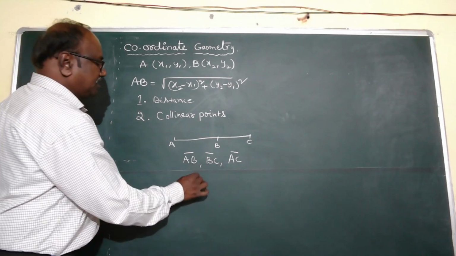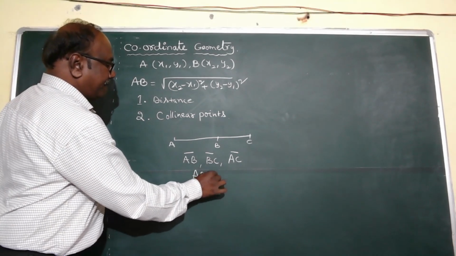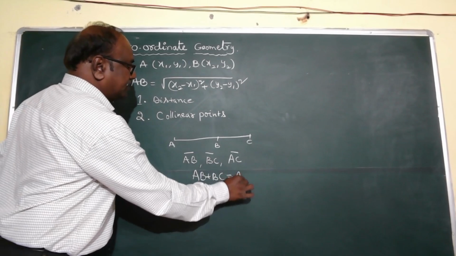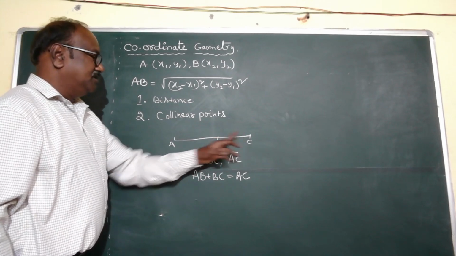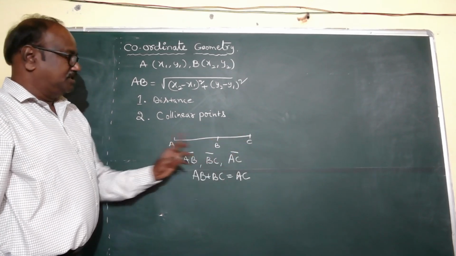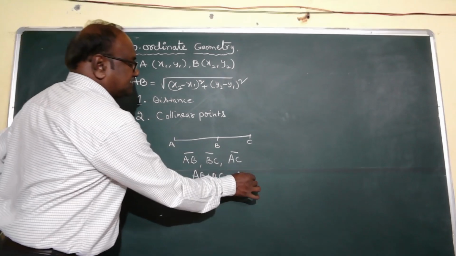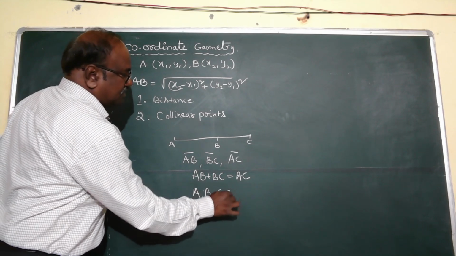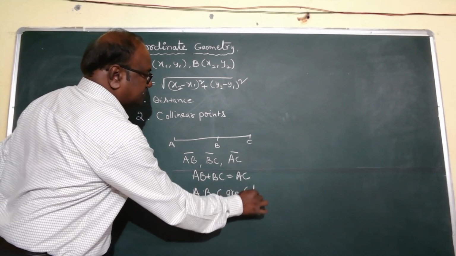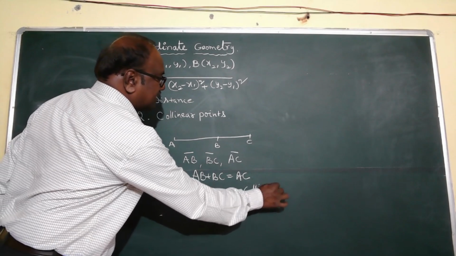Now if AB plus BC is equal to AC, then we can say that these given 3 points A, B, C are collinear, meaning they lie on the same straight line.